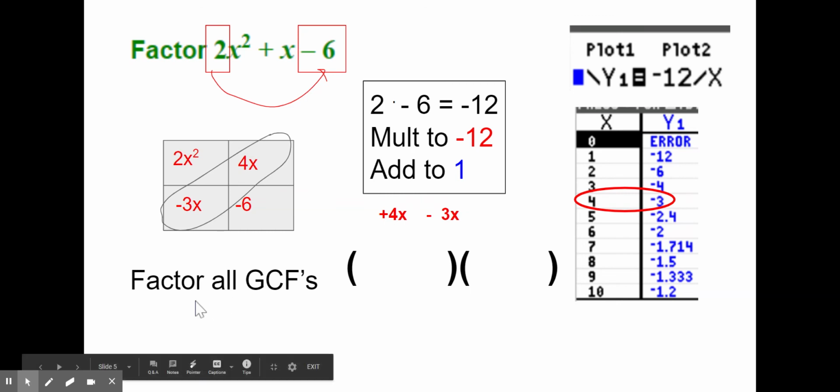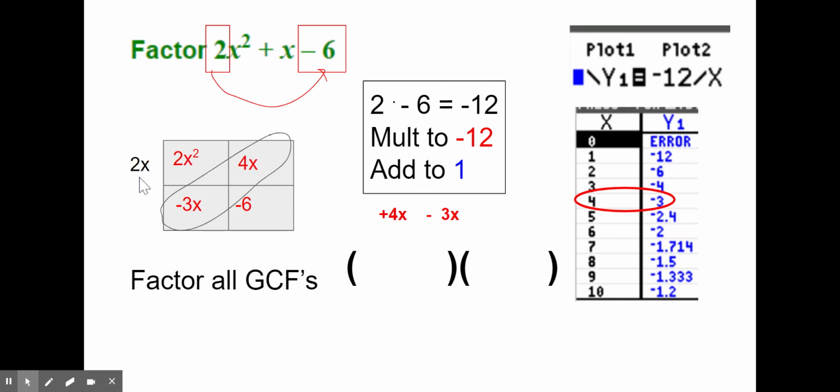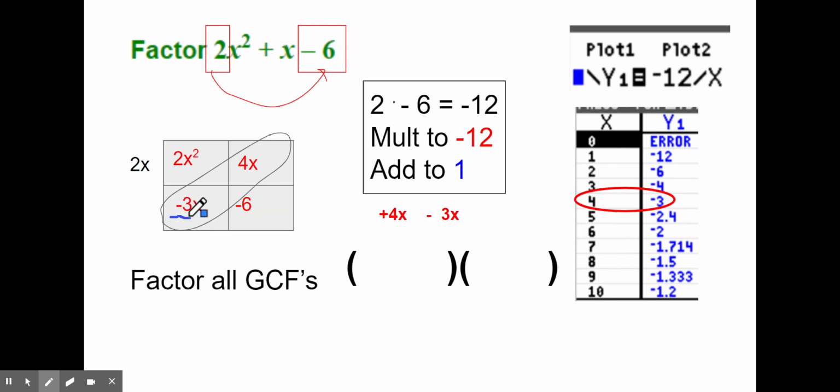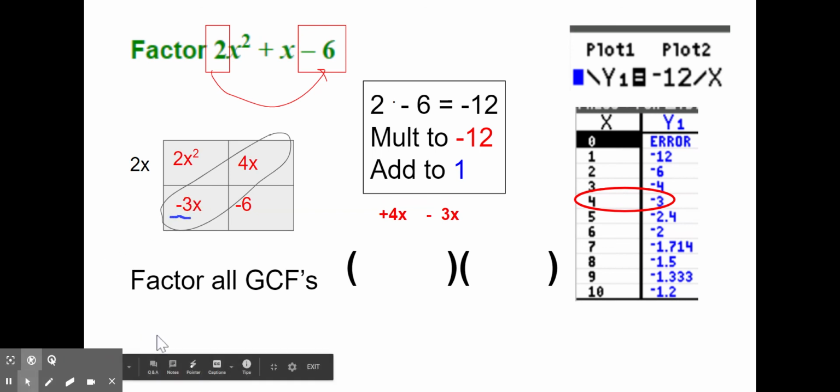All I need to do now is factor all my GCFs. 2x squared and 4x have a GCF of 2x. And negative 3x and negative 6, remember, if we have a negative lead coefficient here, I have to factor out a negative. So I'm going to factor out negative 3.